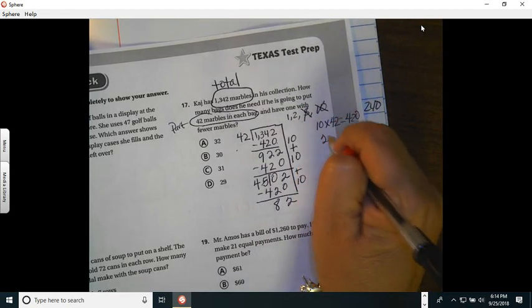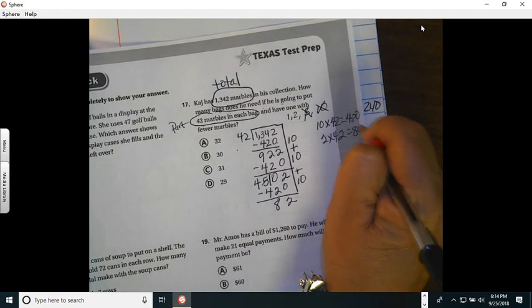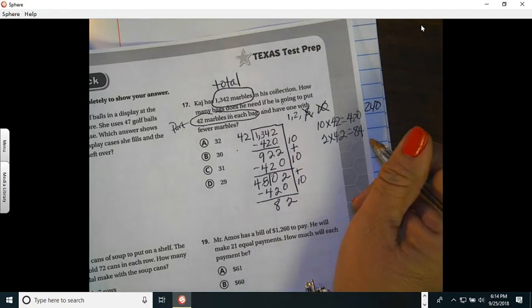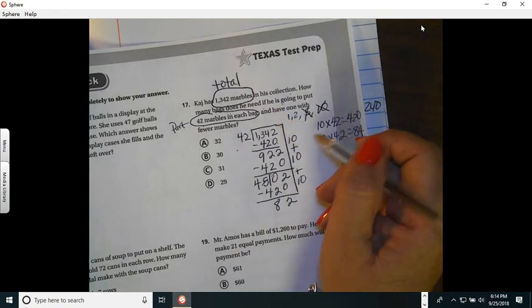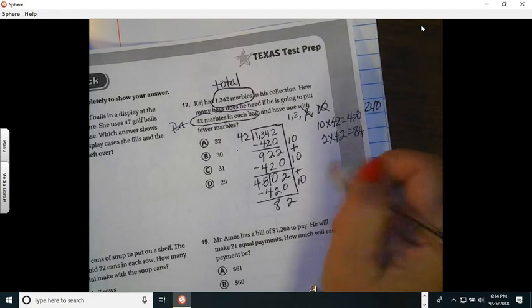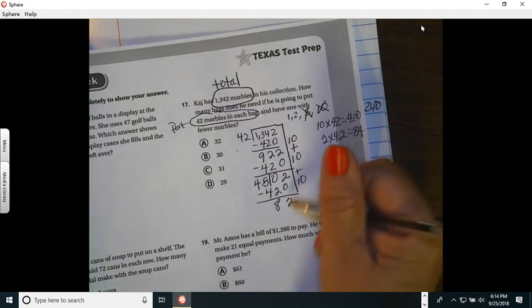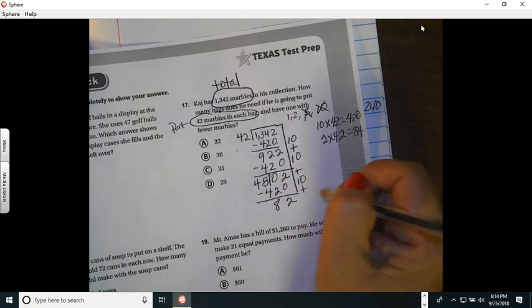2 times 42 then would be what? 84. Is that going to be too big? Yep. So can I take one more group? Can I take a group of 42 out then?